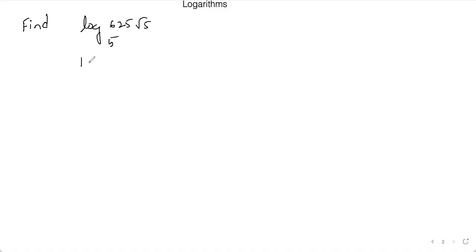So again, let this be x, as log 625 root 5 to the base 5. Okay, let us write it in an index form, which is 5 power x and 625 root 5.